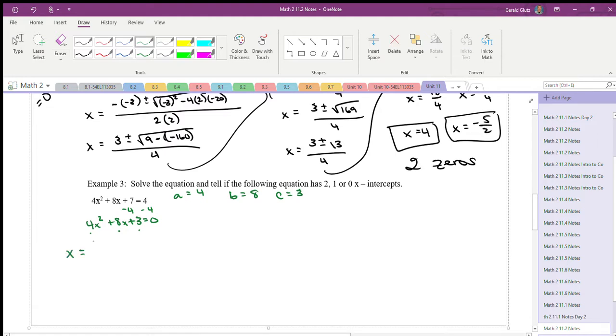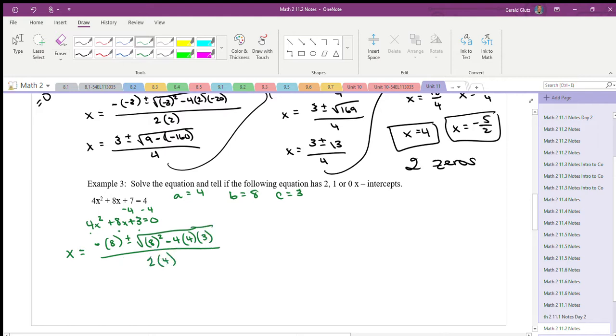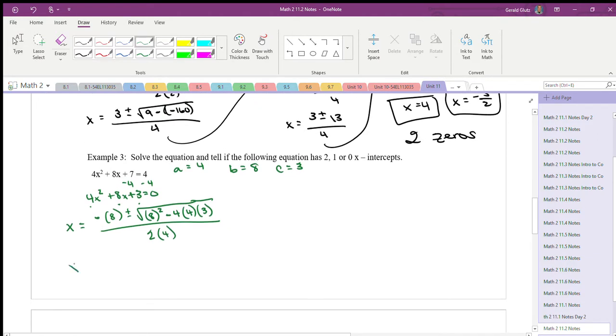So now that I know a, b, and c, I can enter them into the quadratic formula. So x is equal to negative b, so negative 8 plus or minus the square root of b squared minus 4 times a times c, all over 2a, so 2 times 4. Everything's entered in, so now I can just simplify.